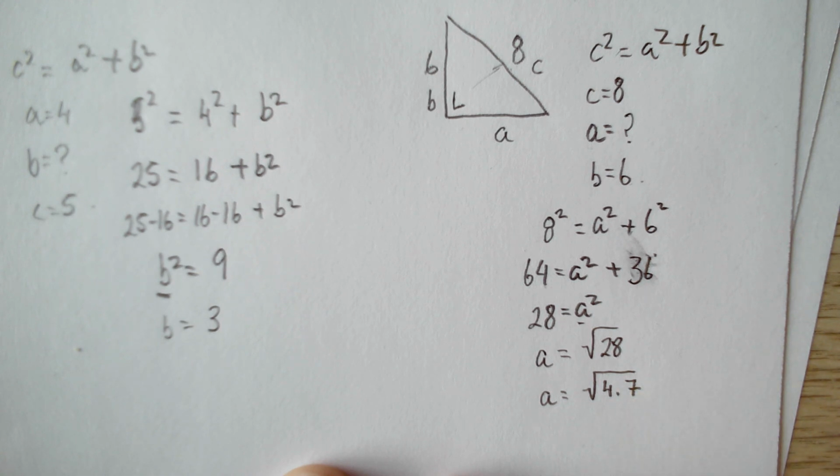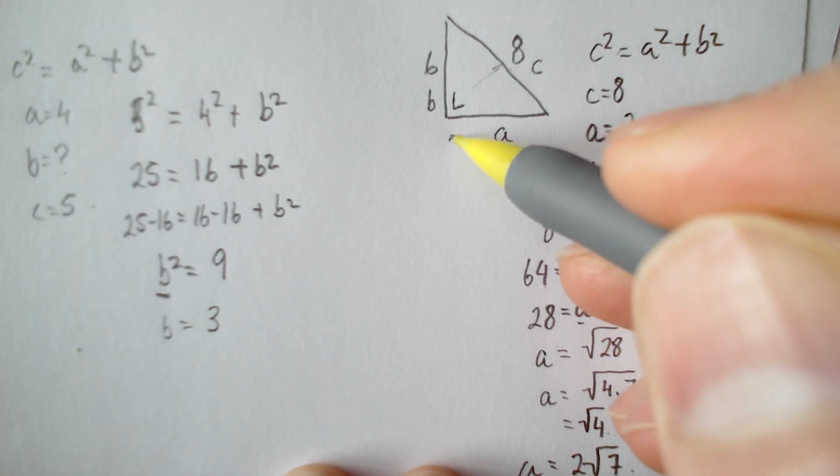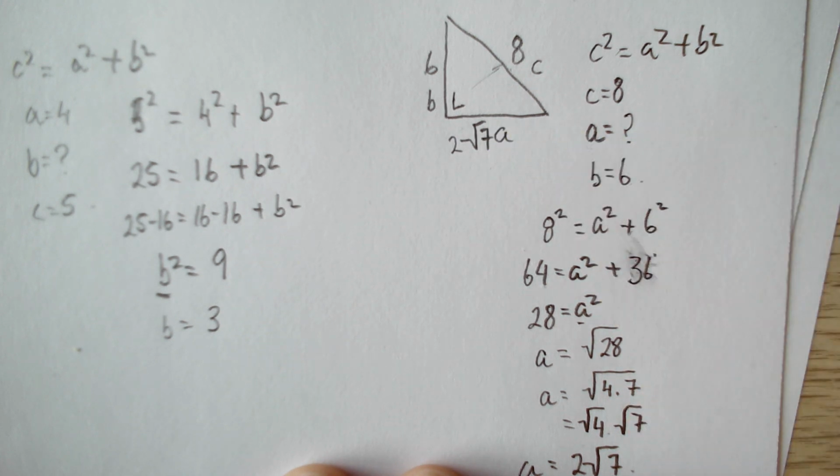And then the square root of 4 is 2. So A is actually equal to 2 times the root of 7. And we go back up here, and now A is 2 root 7. And that's the length of the base of this triangle.